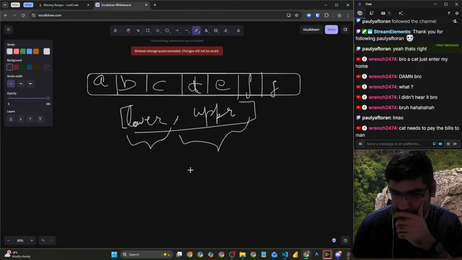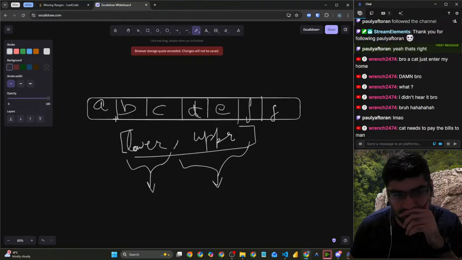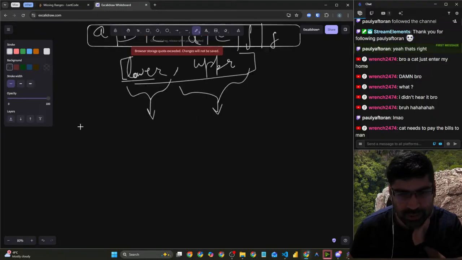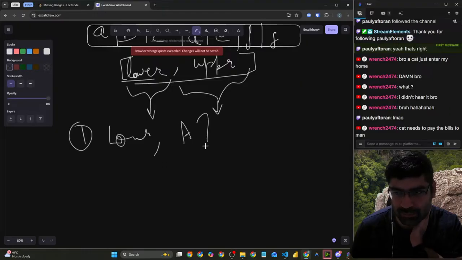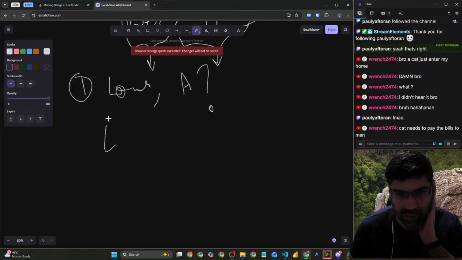Yeah, sorry, going back. So we have a lower and upper limit. What we have to do is start with the lower, see what A is. If A is the same as lower, that would be our I. And then next look for J. We have to keep going this way.